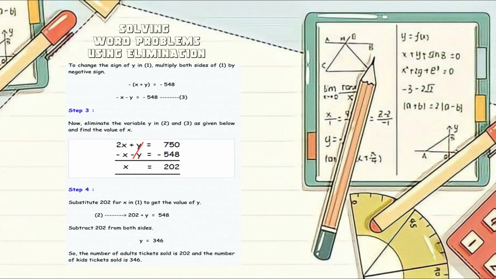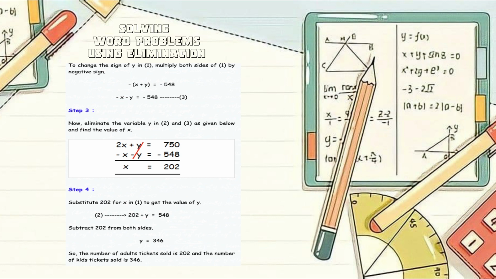To change the sign of y in number 1, multiply both sides of 1 by negative sign. Negative x minus y is equals to negative 548, and that's number 3.